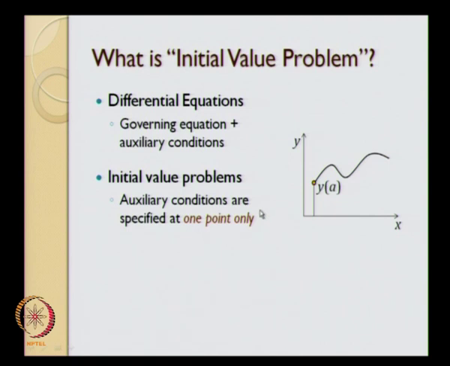So these are initial value problems. You can think of this as a string, and this string is attached only at one end, and we are free to move that string. The other end is free to move depending on how the function f of x is going to be. If the initial value y a changes, then the overall curve just shifts up or down based on what the value of y a is going to be.